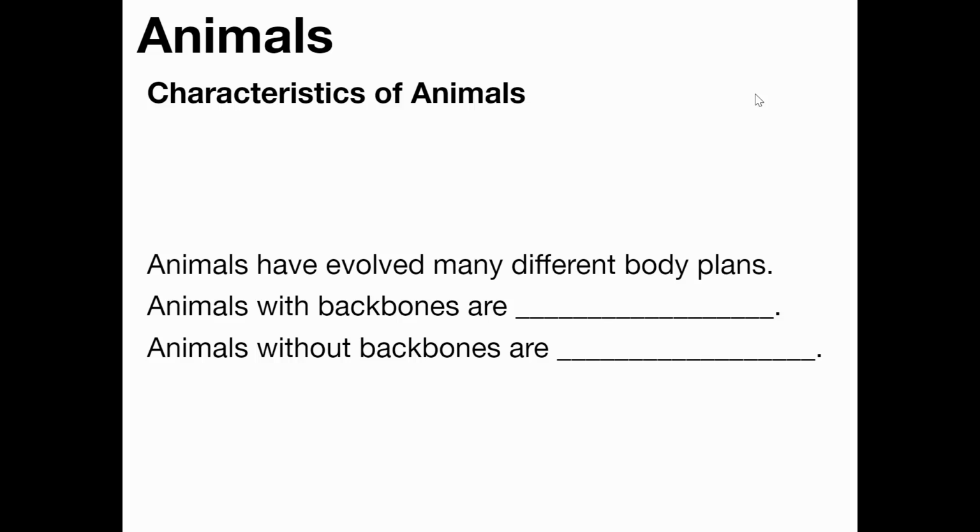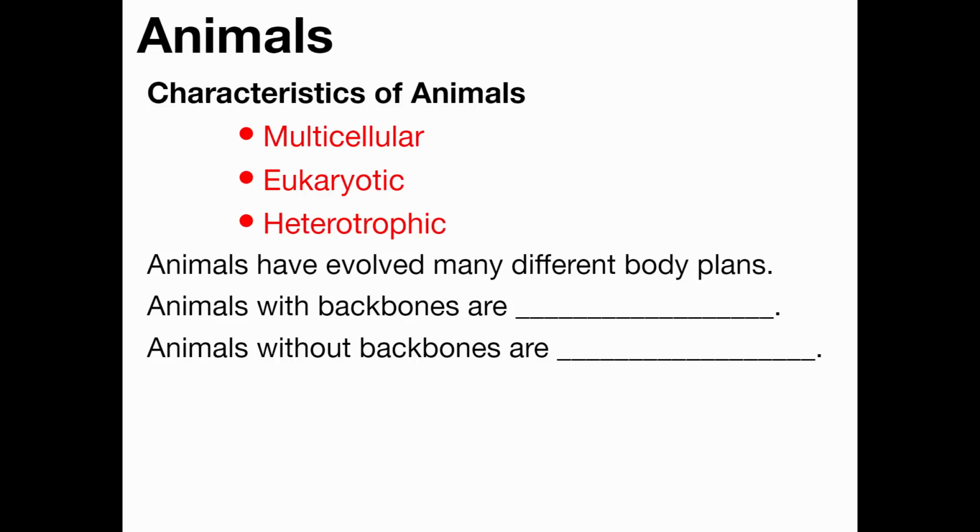As you guys already know, as you told me in our question of the day, animals' general characteristics are multicellular, eukaryotic, and they are heterotrophs. They need to consume other organisms in order to get energy, in order to get nutrition.